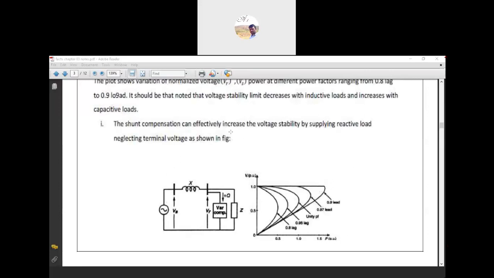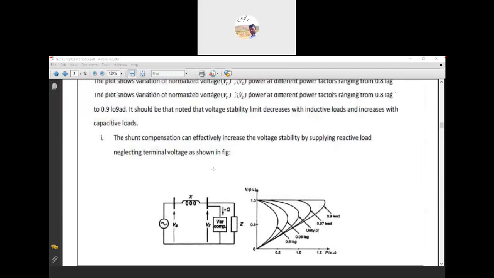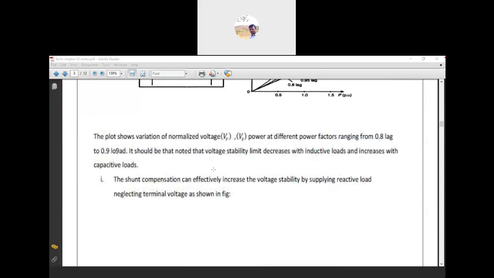This is another model. In the above model we discussed the midpoint connection, and this one is the end. At the end, whatever reactor is there is connected, and you can see what the voltage levels are.